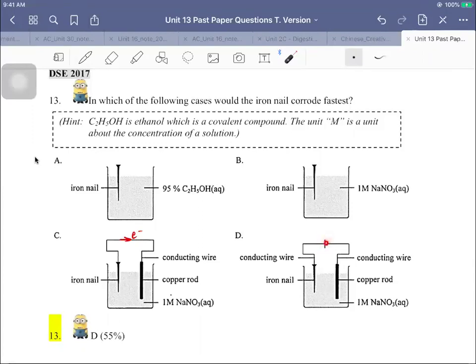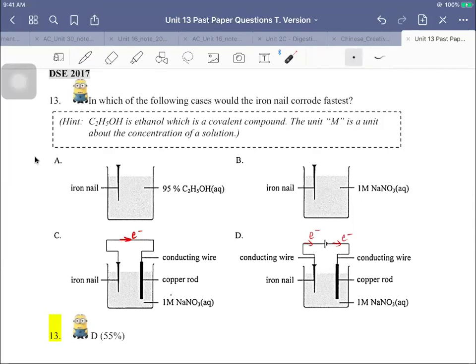We know for a battery, the electrons flow from the negative pole to the positive pole, right? So we can draw the flow of electrons on this diagram. Electrons are sent out from the negative pole, and hence the electrons should come in from the positive pole. So how can we get those electrons to the positive pole?